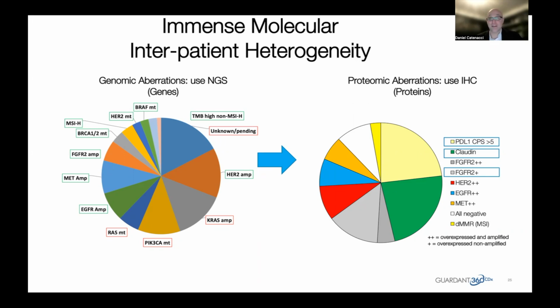And in addition to all of these layers of complexity, we have to recognize that some of these molecular aberrations are relatively rare. And so trying to implement personalized precision medicine has been quite challenging to prove, especially in those smaller subgroups in this disease, which is really molecularly heterogeneous between and within patients.